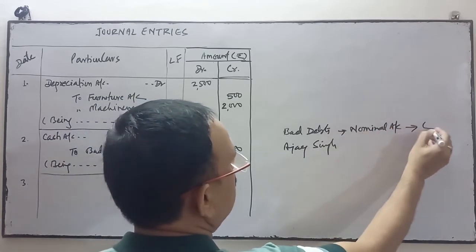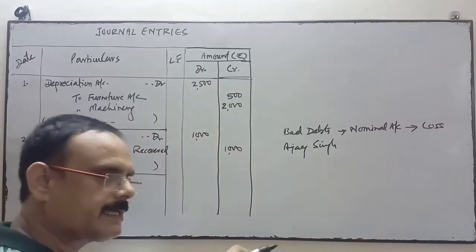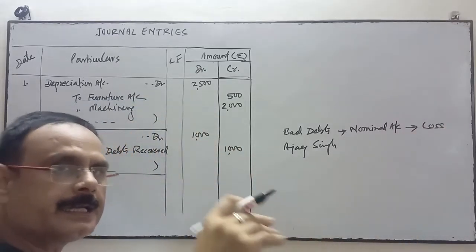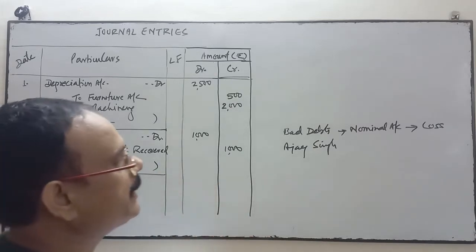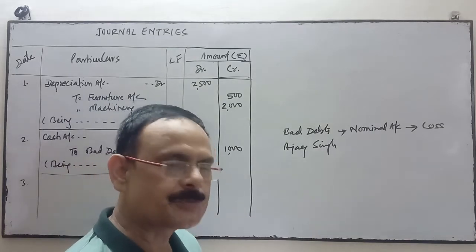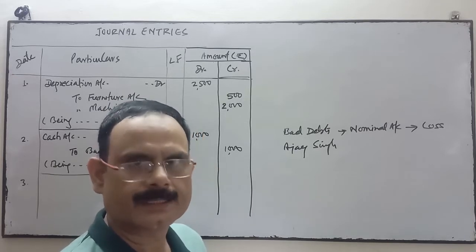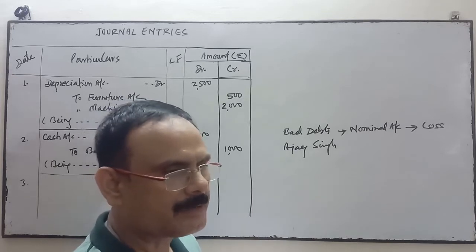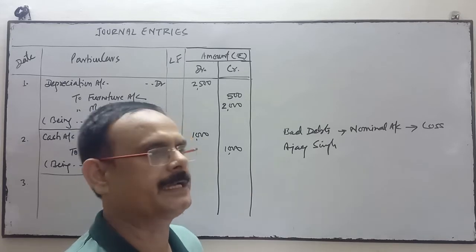It's a loss because you will not recover anything, since Ajay Singh is declared insolvent, declared bankrupt. Estate means his property, so there is no property of Ajay Singh.